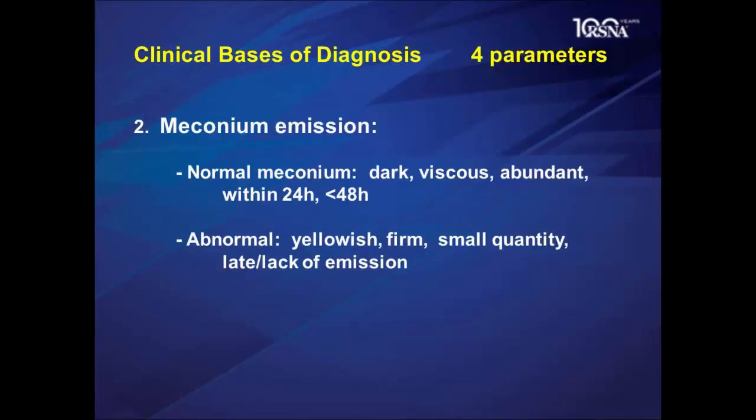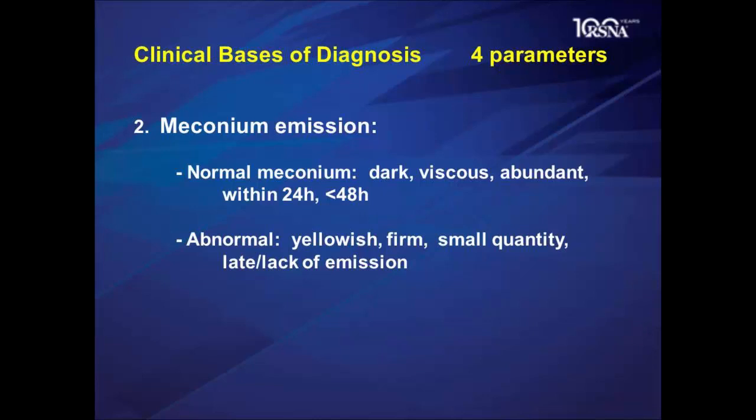Then the second feature for a newborn is the function, the emission of meconium, the first bowel passing. And actually, one would know what a normal meconium looks like. It's usually dark green color, viscous, abundant, and comes in early in life, within 24 hours. At most, within 48 hours, a large amount of normal meconium is expelled.